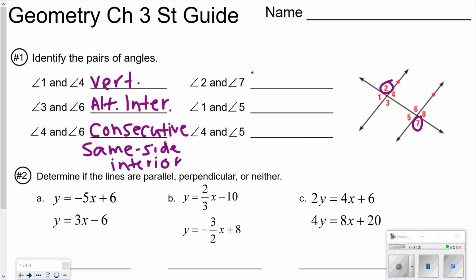These would be alternate exterior angles. 1 and 5. These would be corresponding angles. And finally, 4 and 5. Once again, these would be alternate interior.